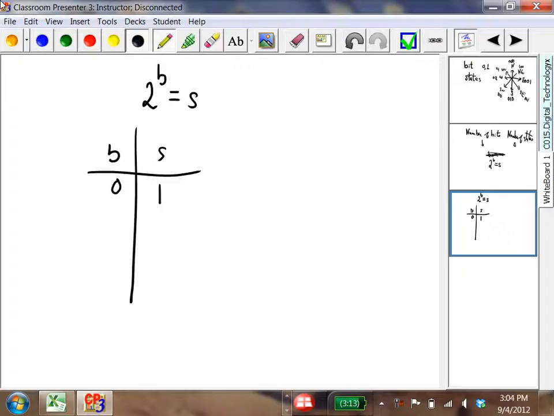If B is 1, 2 to the first power is 2. So if you've got 1 bit, there are 2 states, yes or no, 1 or 0.